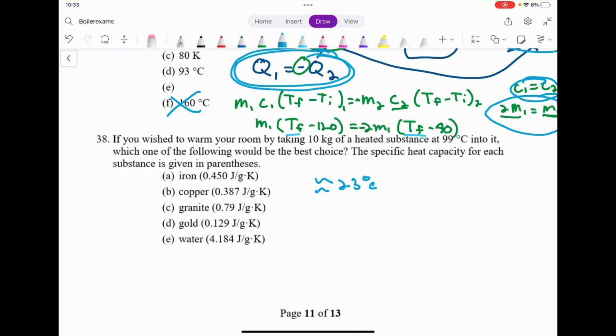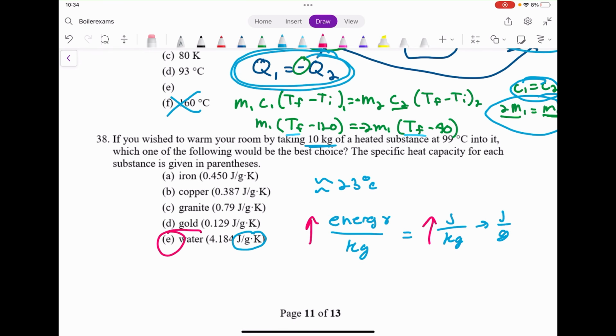I want the most amount of energy per kilogram, because I'm only bringing in 10 kilograms. You can think about that as kind of joules per kilogram, or joules per gram. So we want the biggest number possible, which would be the water.